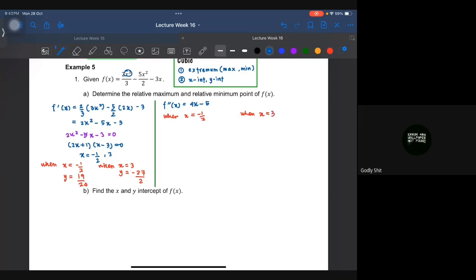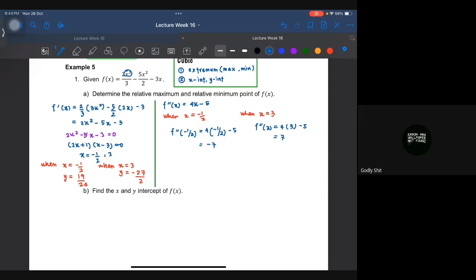Okay, so the first one f double prime negative 1 over 2, kita akan dapat 4 times negative 1 over 2 minus 5. So this one I believe you will have negative 7. Okay, and then when x is equal to 3, so kita akan dapat f double prime 3 is equal to 4 times 3, 12 minus 5 is 7.